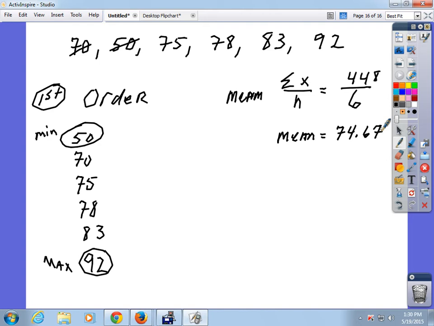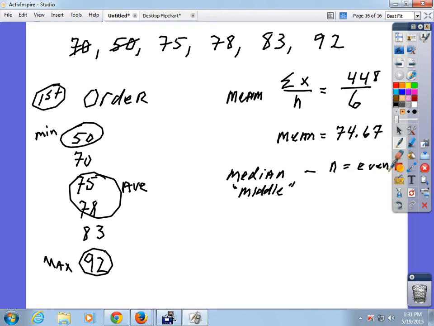Median. Median is the middle. If you ever get confused, what do you think of when you think of median? The middle of the road. Middle of the road. Duh. So the middle, 1, 2, 3, 4, 5, 6, is going to be these two numbers averaged, because n is an even number. When n is even, take the average of the middle two.